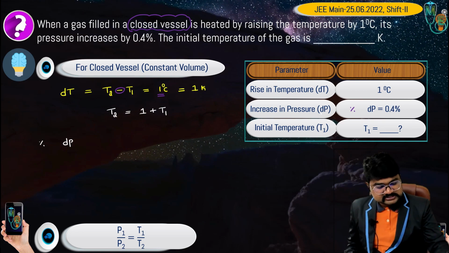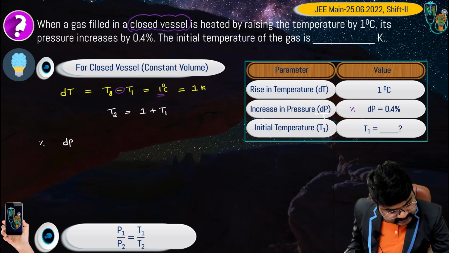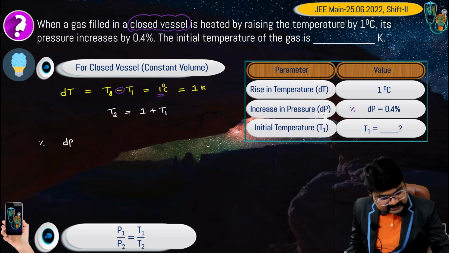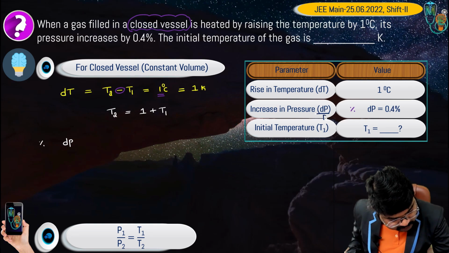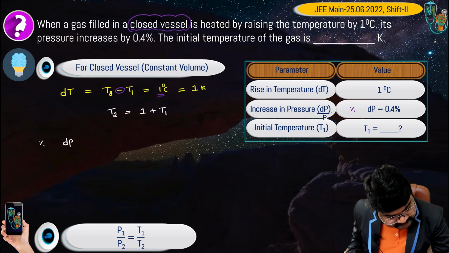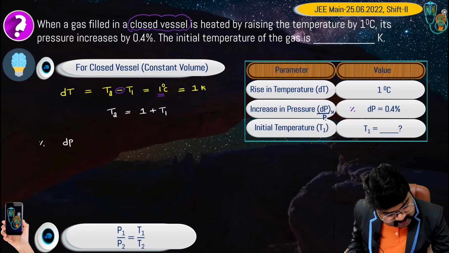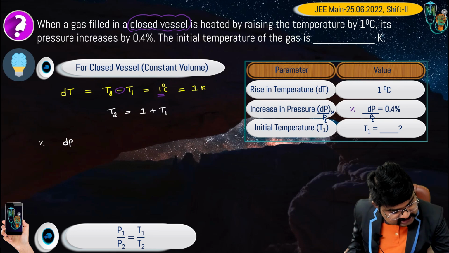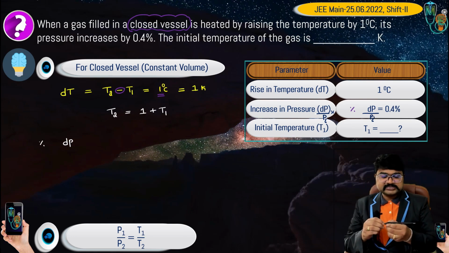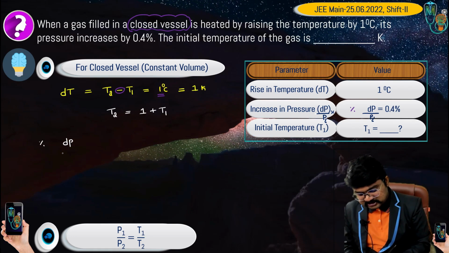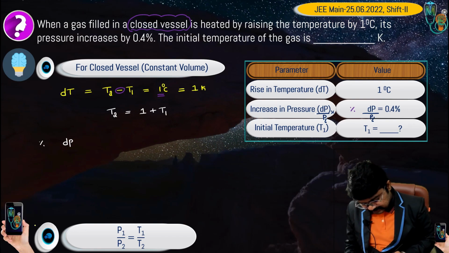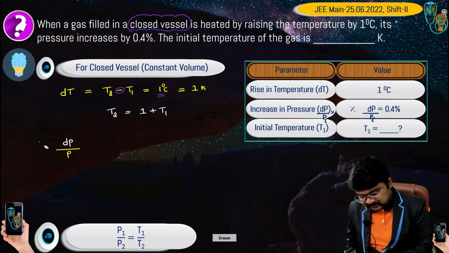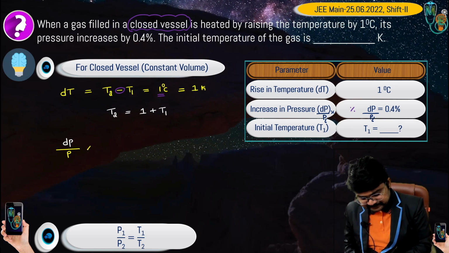The percentage increase means dP by P, change in pressure by the initial pressure, dP by P initial. That is the percentage increase.